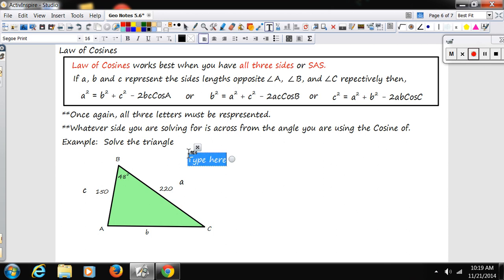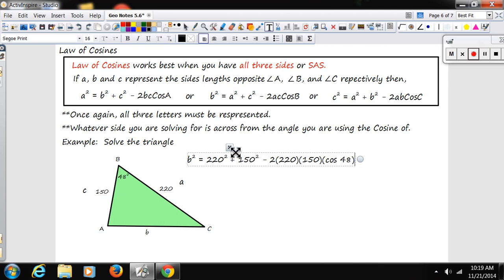So we're going to do b squared equals, and then a squared is, which one is a? 220, so 220 squared plus 150 squared is our c squared, and then minus 2 times the a and the c again, the 220 and the 150 again, and then times the cosine of 48 degrees.